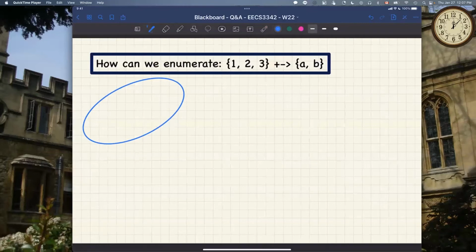So first of all, you try to enumerate all the relations between {1, 2, 3} and {A, B}. Enumerate all the relations first.